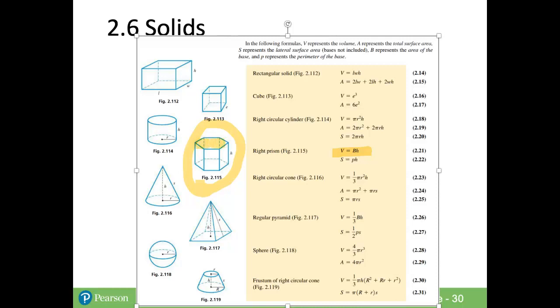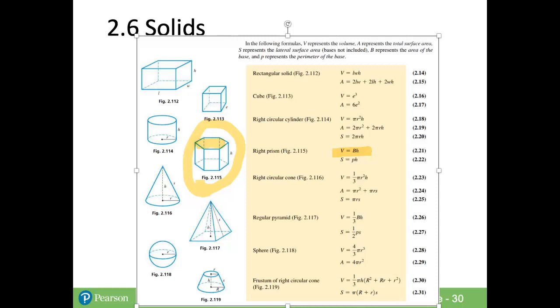You have to find the area of that base and then multiply it times the height of the solid. The base may not always be a hexagon. It might be a square base, or a triangle base, or something like that. So that capital B stands for area of the base.